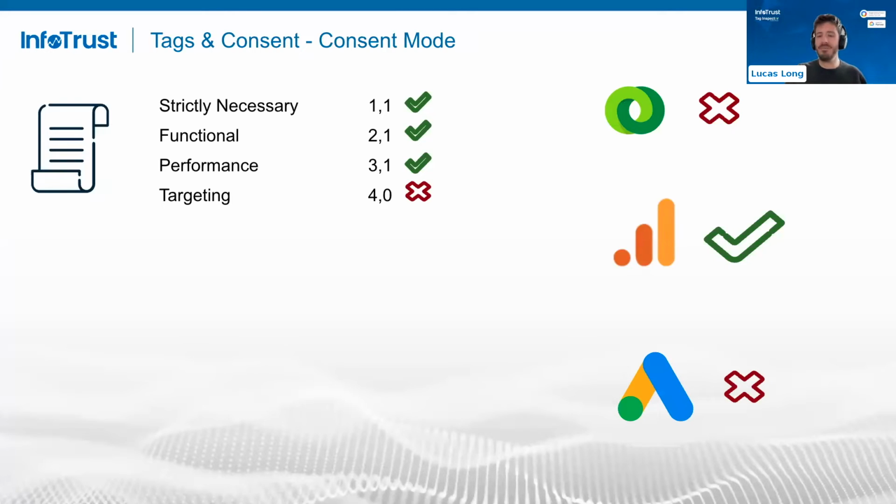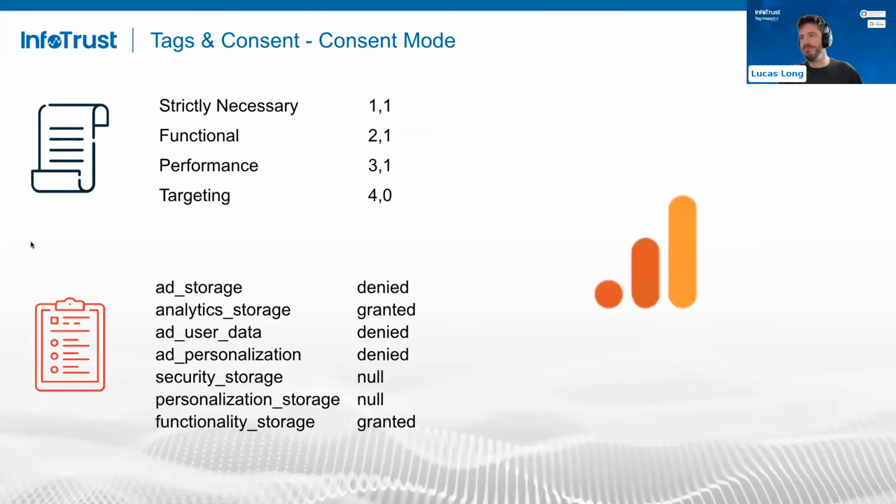So in this scenario, I'm only loading Google Analytics. And this would be what we call a basic implementation. Google Analytics is the only tag loading. Google Analytics is reading from those consent mode categories and those consent mode indications. And then Google Analytics is going to modify its behavior according to these instructions.